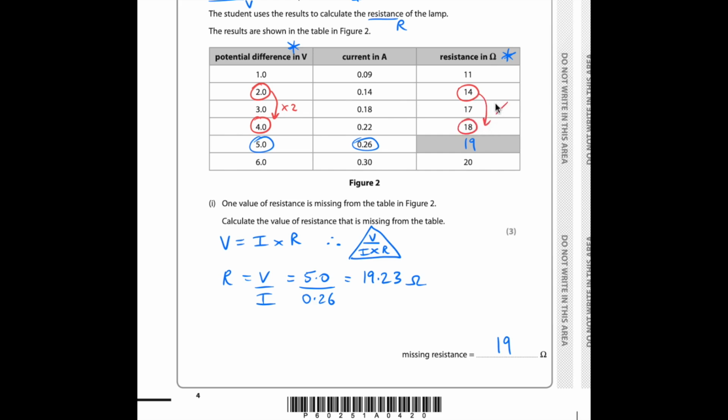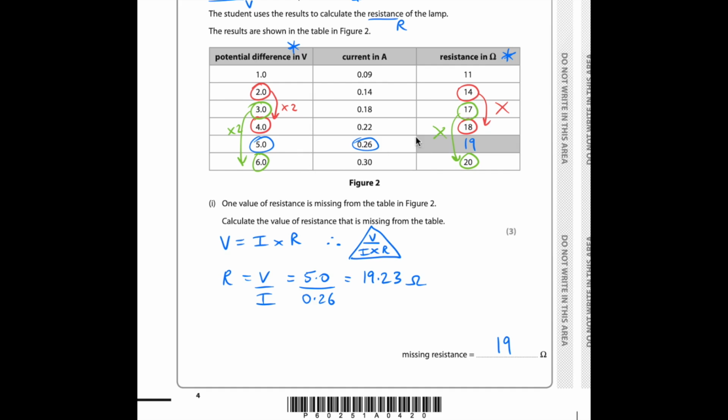Well, no, it didn't. And let's just double check. What about when it doubles from 3 to 6? Did the resistance double? So 17 should double to 34, and it does not. So it's not directly proportional.